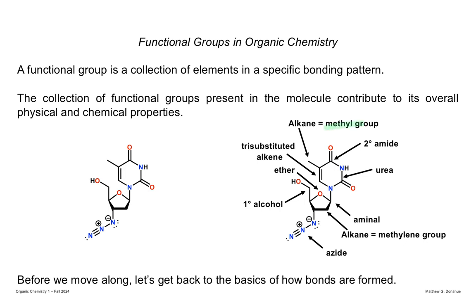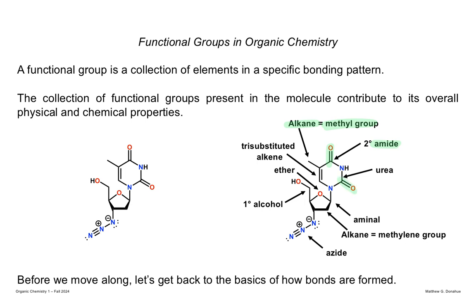So the methyl group, CH3, falls in the family of functional groups called an alkane. This carbonyl group here that was bonded to the nitrogen and carbon, that's called an amide.